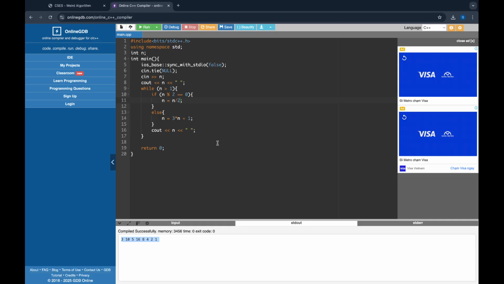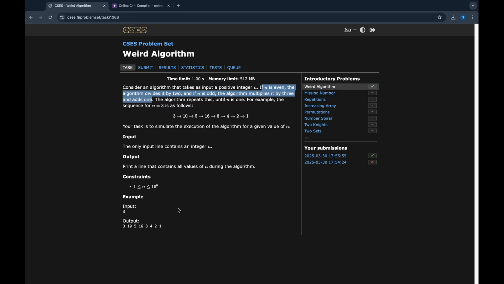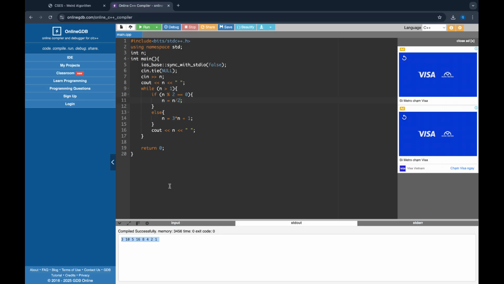But you have to be careful. The constraint is n is smaller than 10 to the exponent of 6. So we have to change from int to long long.